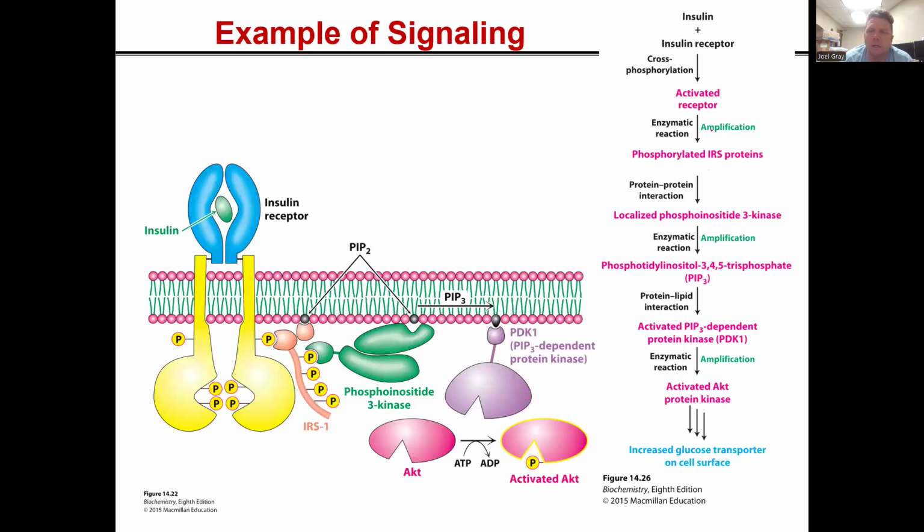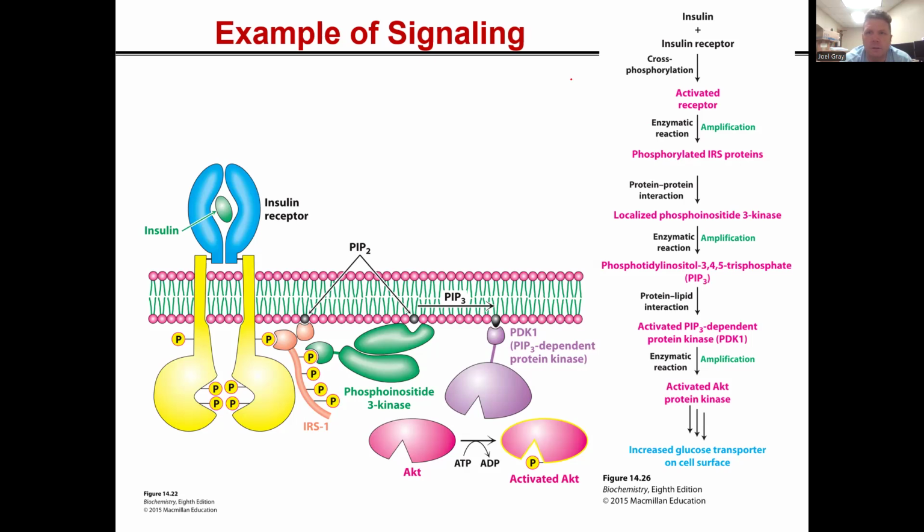Now, here's a nice model for insulin signaling and what it consists of. Insulin binds to a protein complex known as the insulin receptor. That receptor is going to bind insulin and undergo a bit of a structural change. Whenever it binds insulin, that signal, the presence of insulin, is going to be amplified.